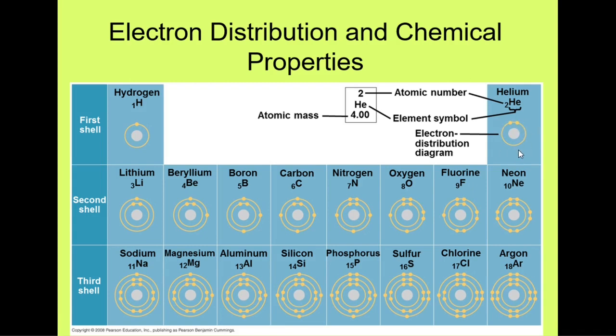Remember, the first shell can hold 2, and it can only hold 2 electrons. That's the maximum number it will hold. And therefore, helium is happy. It has a complete valence shell. That is what makes helium part of the noble gases. Helium, unlike hydrogen, will not look to make bonds or interact with other atoms.